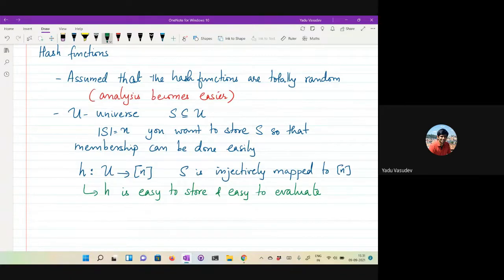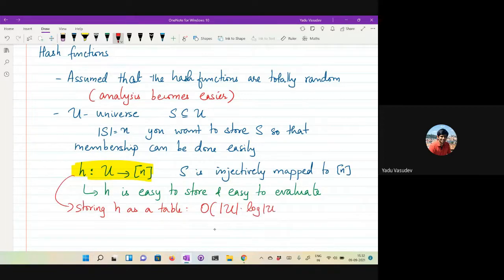If the only way you can store h is as a table, then its size would be something like cardinality of U times log U, which you don't want.